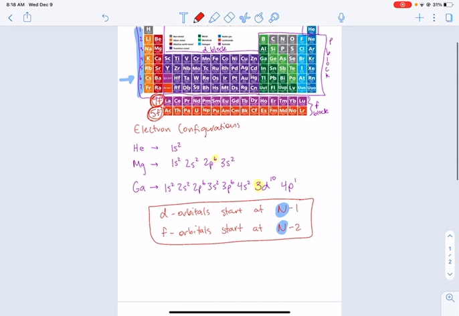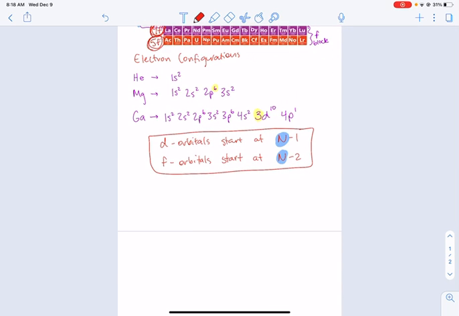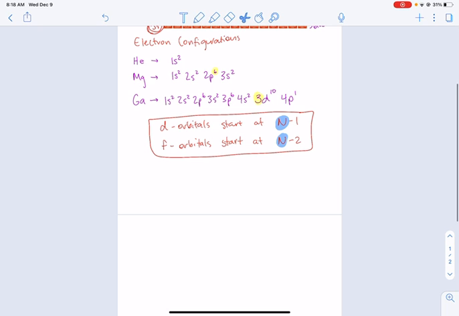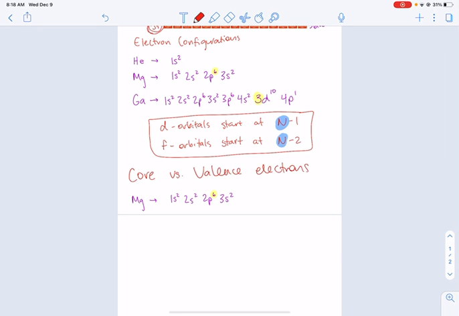Now let's talk about magnesium again. So I'm going to copy magnesium's electron configuration and put it right here. So what we're going to talk about now is core versus valence electrons.